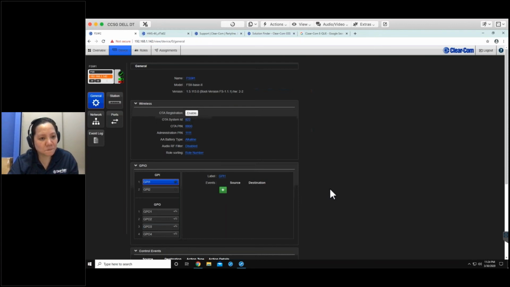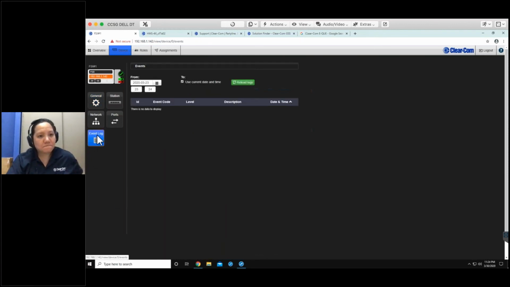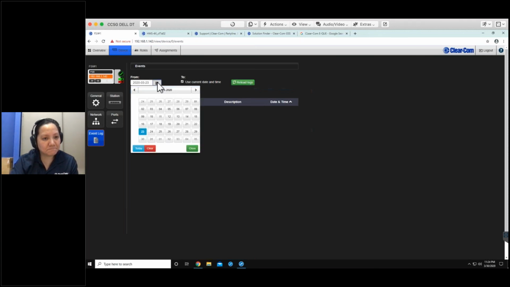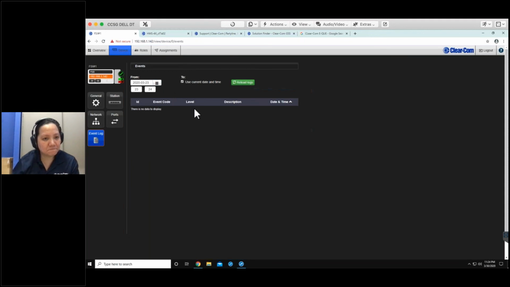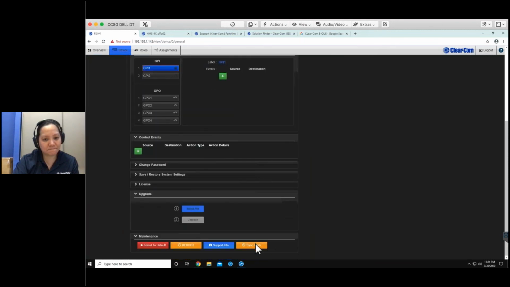There's an event log, which allows you to log certain things. By the way, when you turn your base on in the device page, it's going to ask you to sync your time. I think it's in the stations page.